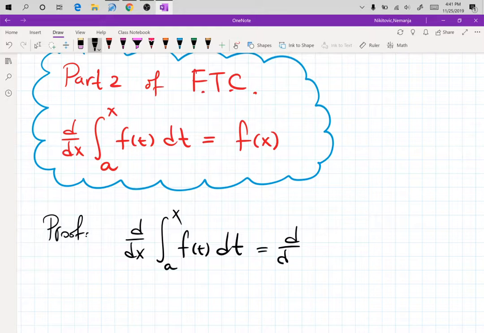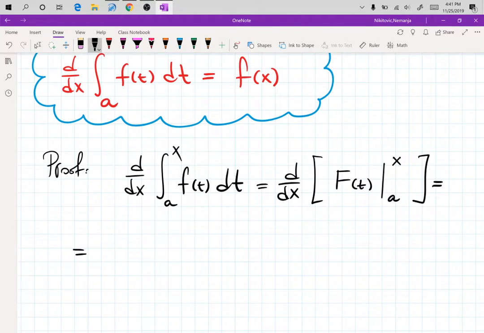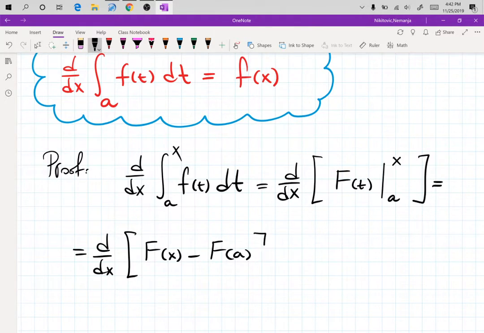We have the derivative, copy that. We haven't done that yet. Now the antiderivative of lowercase f is the uppercase F, with respect to t. And we have to compute that one from a to x. Now we plug in, derivative first. Now plug in the upper limit, which is F of x, minus the lower limit F of a.